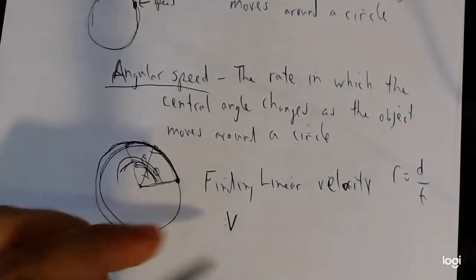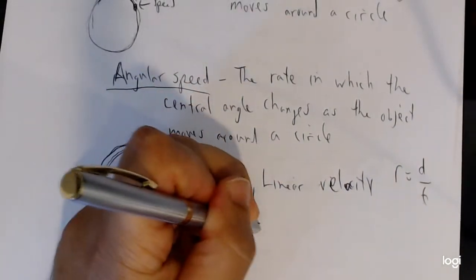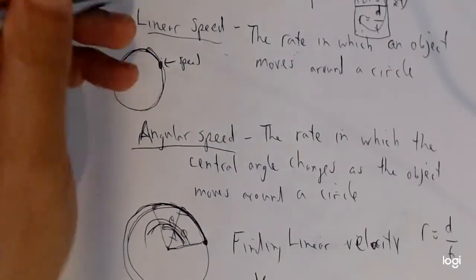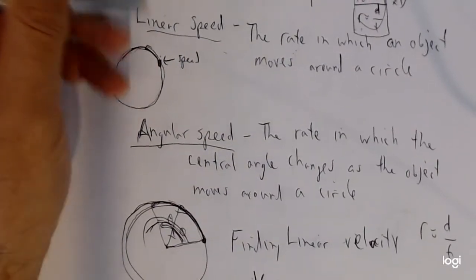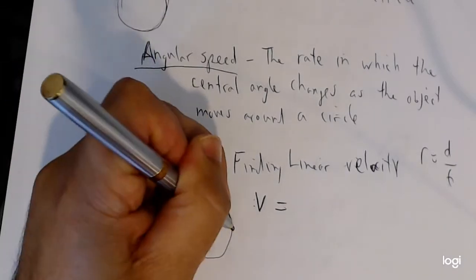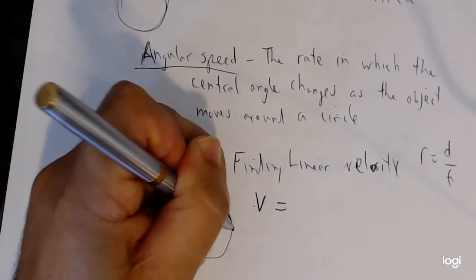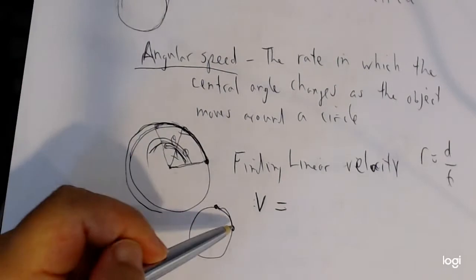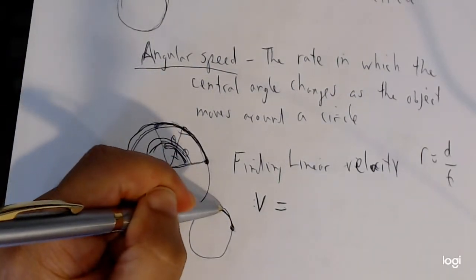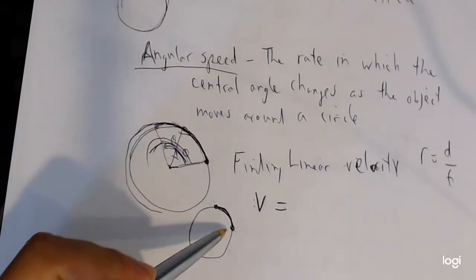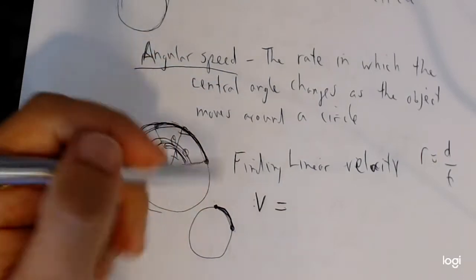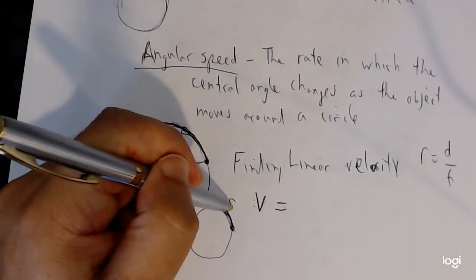So v for the linear velocity is equal to, now if you think about it, if I tell you, hey, how fast is this point moving? Let's say if I draw this out again, how fast is this point moving? If I give you information from the point going from here to here, can you tell me how fast the point is moving? Well, you'd first say I would need to know the distance traveled, which is a part of the circle, which we just talked about. That's the arc length.